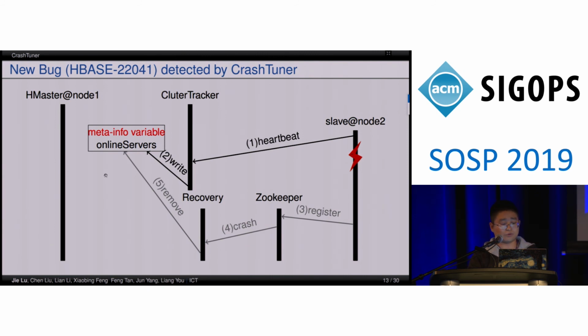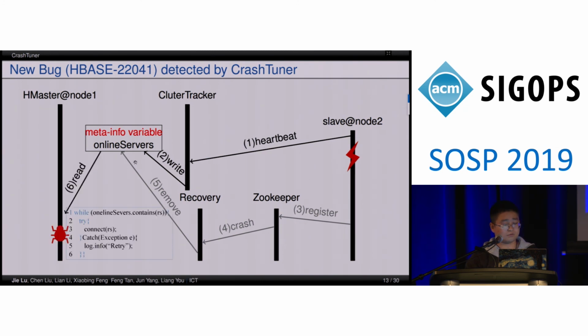Then the dead node will be left in the online service. It must read the online service and find that the dead node still exists in the online service, so it will try and try, but actually node 2 is dead.